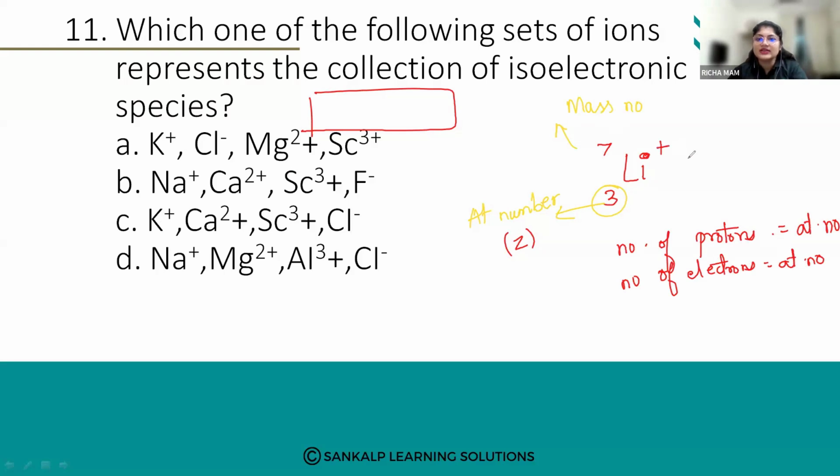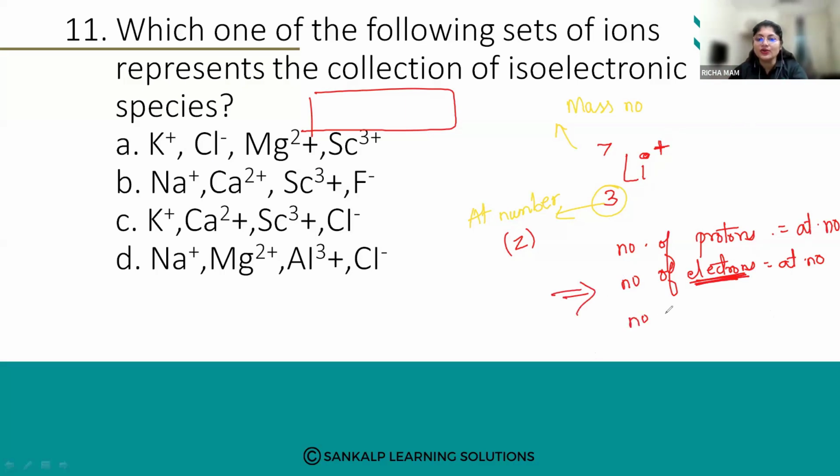If it is plus, then subtract that number: 3 minus 1 will be 2. If it is plus 2, then only one electron. So plus means you subtract when finding electrons, and if there is minus, you add. Whatever the number of the charge is, that tells you the number of electrons.